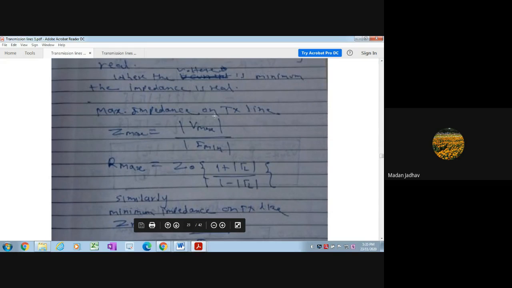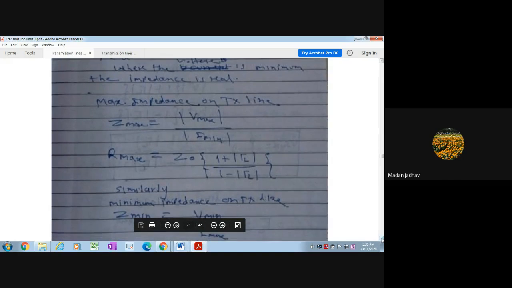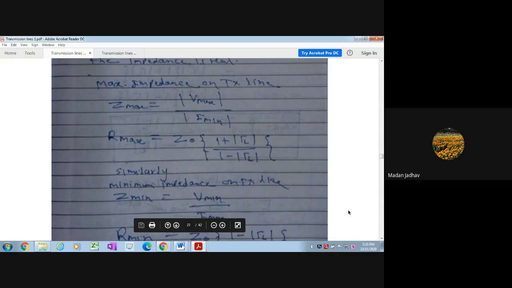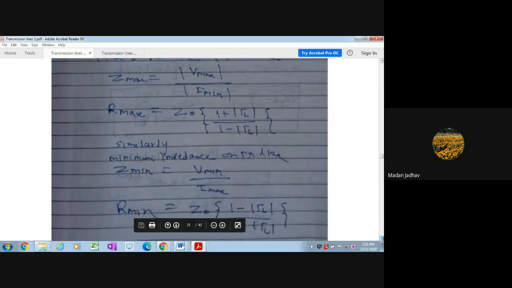When the voltage is maximum, at the same location you will also get the maximum impedance, which is a real value, and that value is given by R max equals Z naught times the bracket 1 plus reflection coefficient divided by 1 minus reflection coefficient.